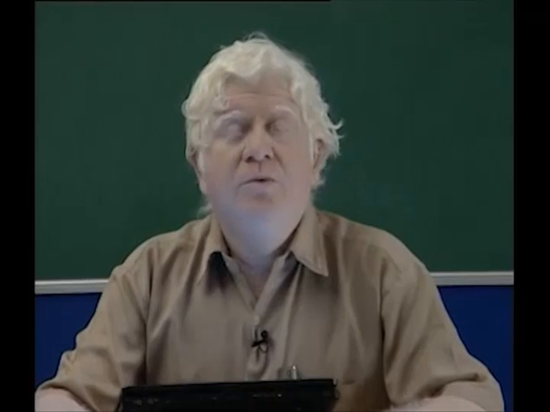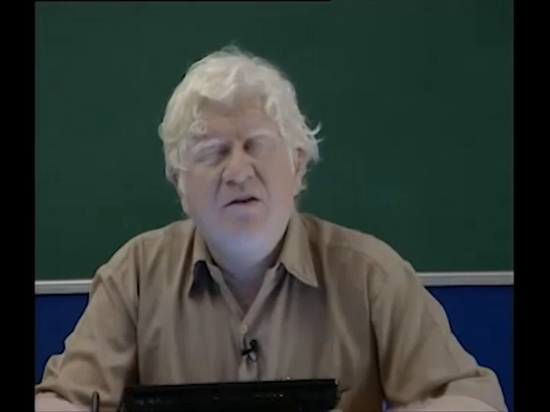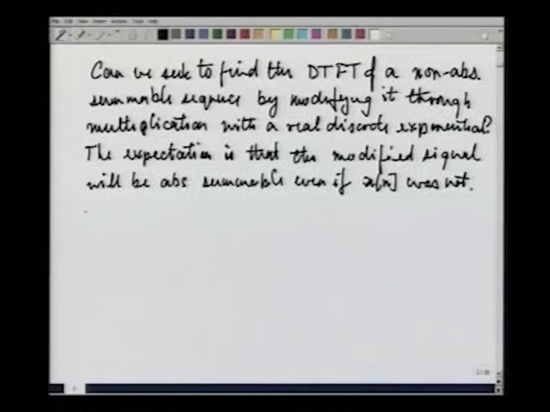Now, let us quickly go through the appearance of different kinds of discrete real exponentials for different values of the parameter. Now, the general discrete exponential is written as xn, discrete real exponential is xn equal to r to the power n, fine, for minus infinity less than n less than infinity.